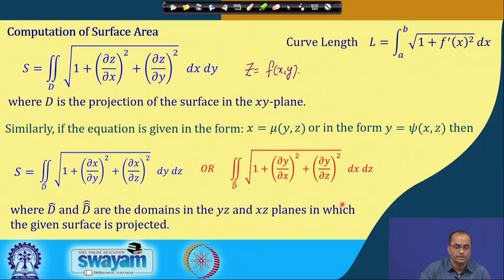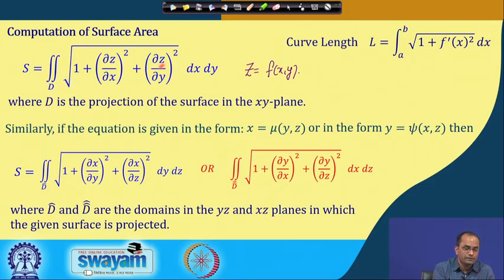So, with the help of this double integral, which in most cases is S equal to the double integral over the domain of square root of 1 plus z_x squared plus z_y squared, dx dy, when the function is defined as z is equal to f(x, y), we can compute the surface area.